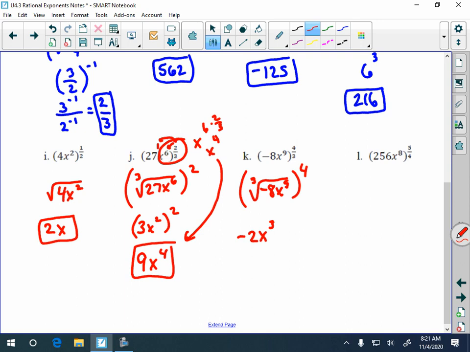Okay, and that's all raised to the 4th power. So now I can bring that 4 inside and multiply. So negative 2 to the 4th power means negative 2 times negative 2 times negative 2 times negative 2, and that's positive 16. And then x to the 3rd to the 4th becomes x to the 12.